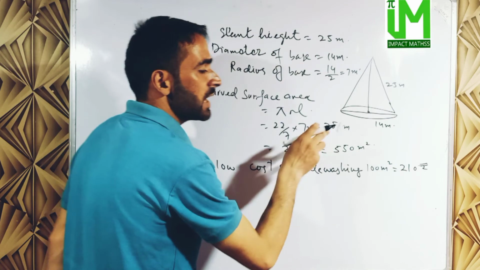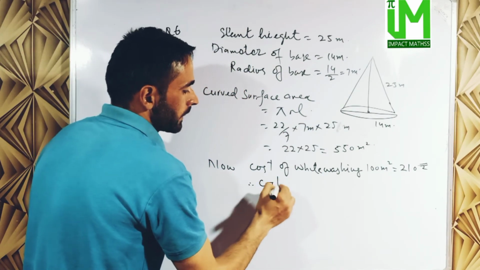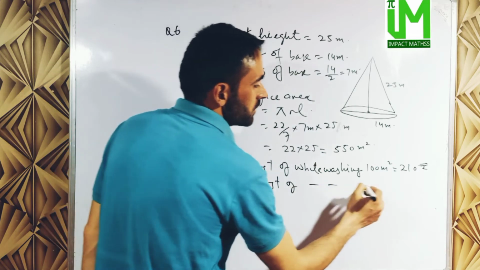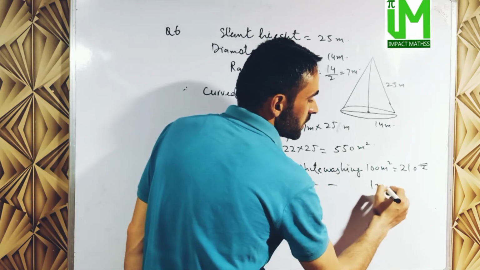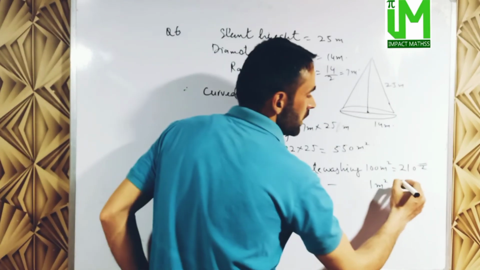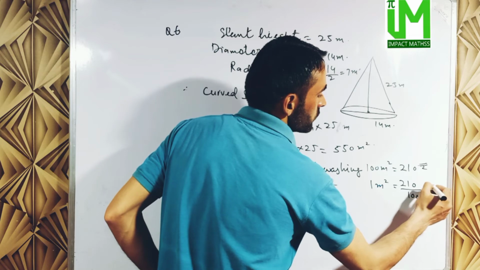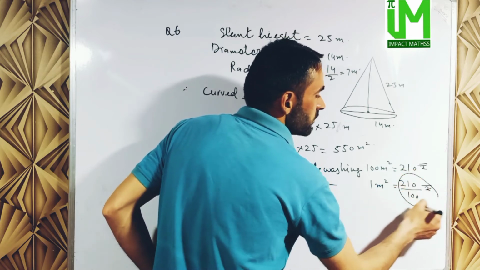We need to find the cost for 1 meter square. So therefore the cost of whitewashing 1 meter square is simply 210 divided by 100 rupees, since 100 gets divided.